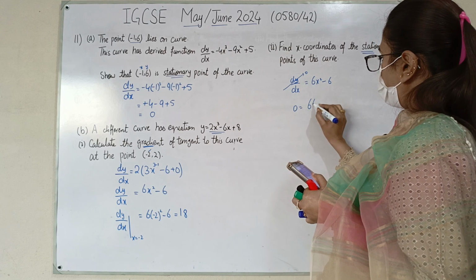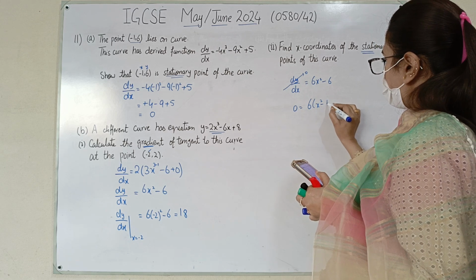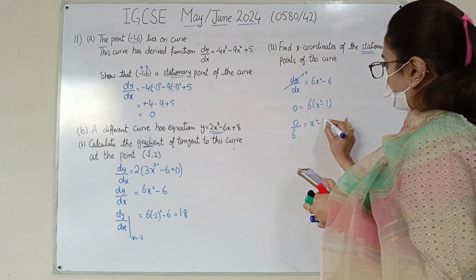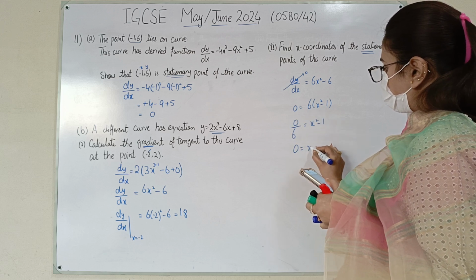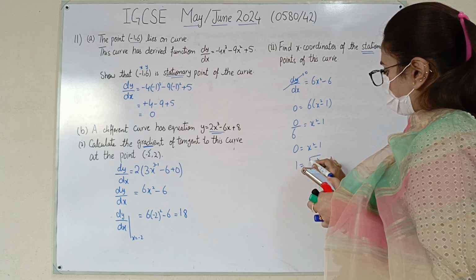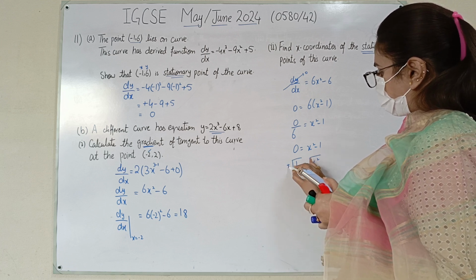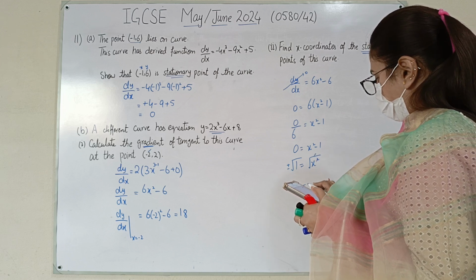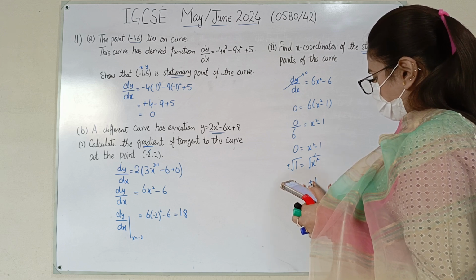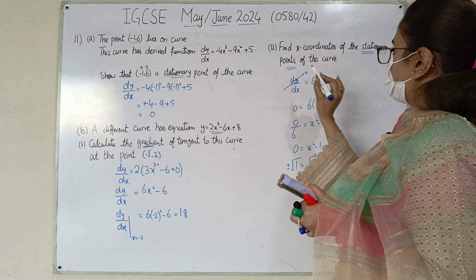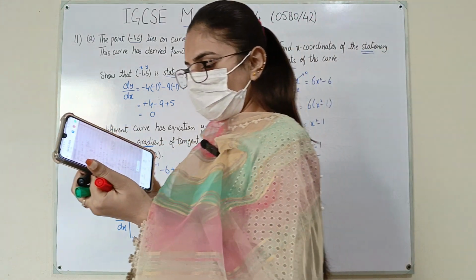Take 6 as common: x squared minus 1. So 0 by 6, x squared minus 1. 0 equals x squared minus 1. 1 equals x squared. So take the square root. While taking the square root, you will get the answer x equals plus minus 1. This is basically the x coordinates of the stationary points of the curve.